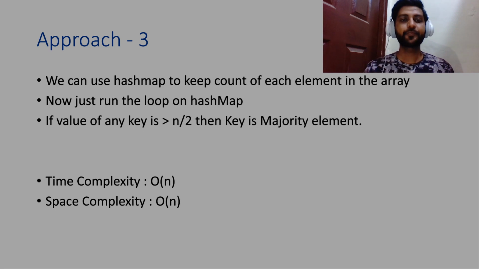But when we talk about, let's say, Google, Amazon, Microsoft, and Facebook, they want the best solution which is available for that particular question in the market. Best solution means, can we still do it in O(n) time without using extra space?